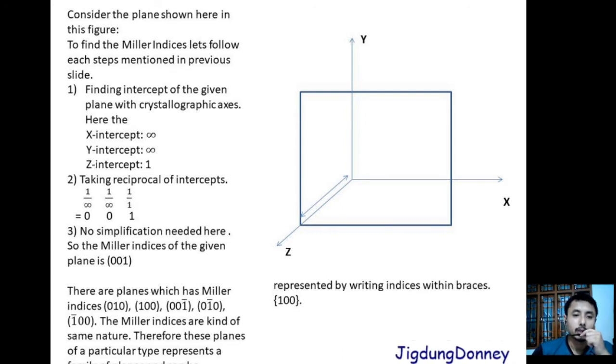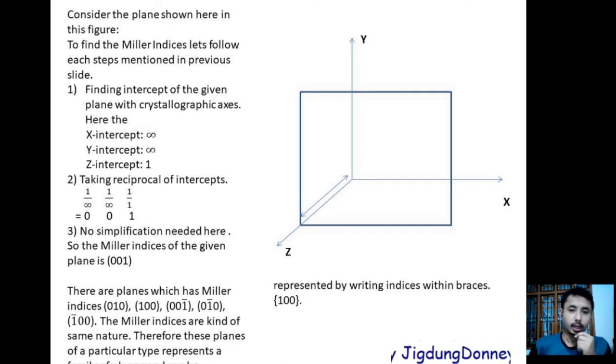If we take the reciprocal of these intercepts, we get 1 by infinity in the x direction, 1 by infinity in the y direction, and 1 by 1 in the z direction. Simplifying, we get 0 0 1. Since further simplification is not necessary, we enclose these indices within the parentheses. So this is our Miller indices (0 0 1).